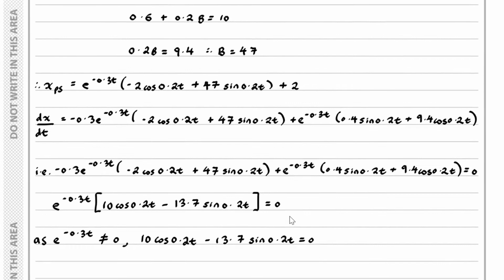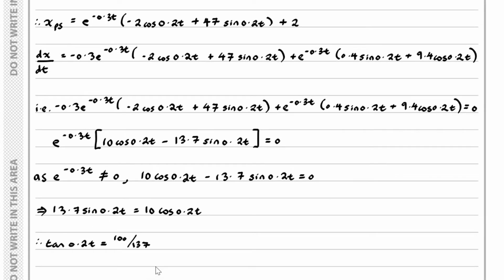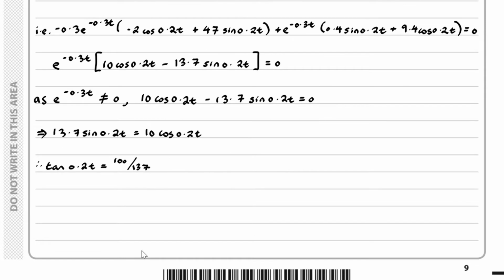So from this, we can rearrange. So here we've got 13.7 times by the sine of 0.2t equals 10 times by the cosine of 0.2t. So therefore, the tangent of 0.2t is equal to 100 over 137, because we've got 10 divided by 13.7, which is 100 over 137.